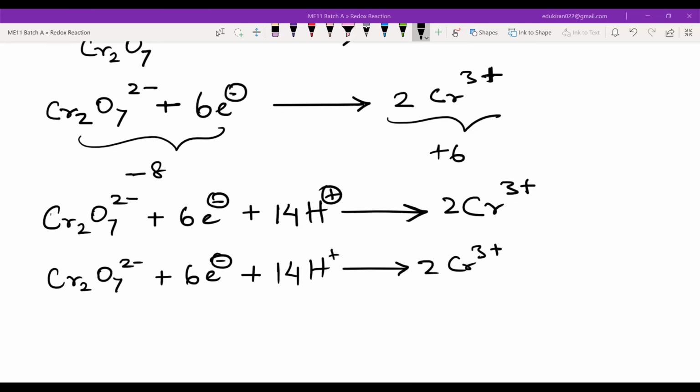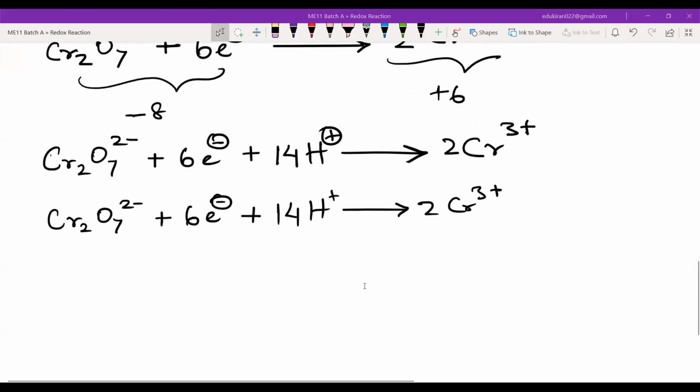Sir, we can add 7H2O, and then it will be balanced, correct? Yes, sir, 7H2O. Okay, any problem? No problem? No, sir. So we have this equation here.